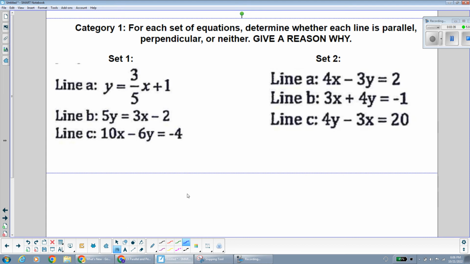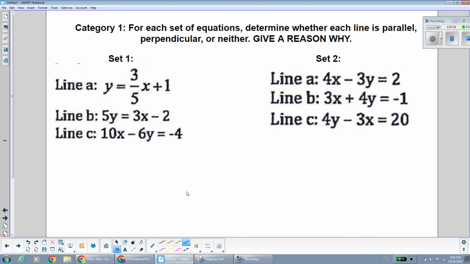For each set of equations, we're going to do the same thing. We're going to determine if they are parallel, perpendicular, or neither. In line A, I can clearly identify the slope. It is 3 over 5 because that's already in y equals mx plus b form. Line B, I need to solve it for y.